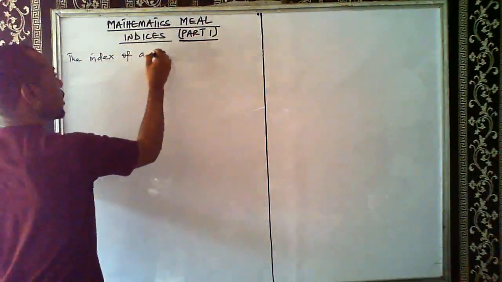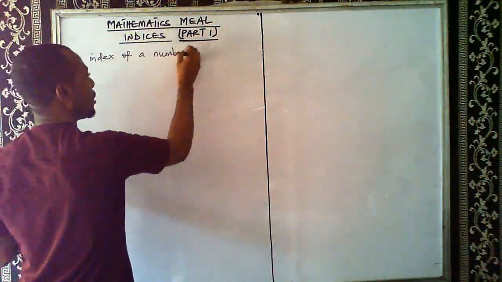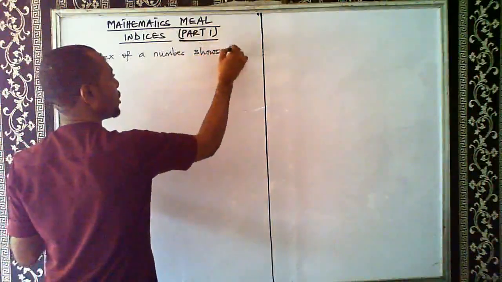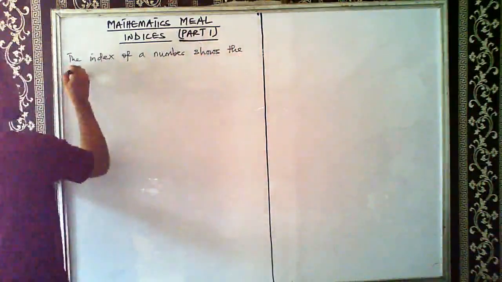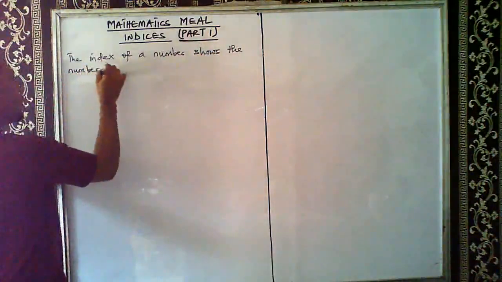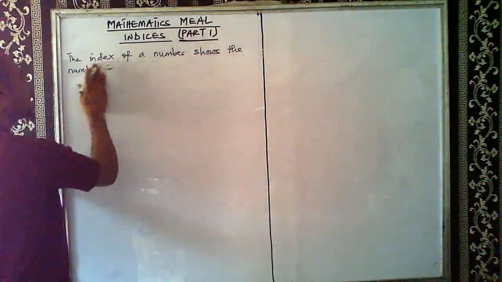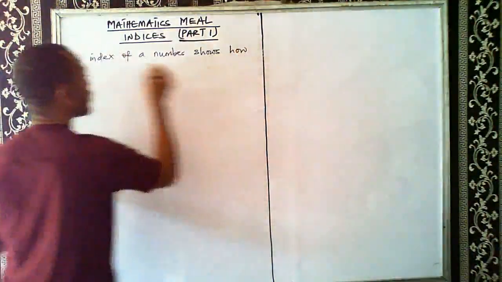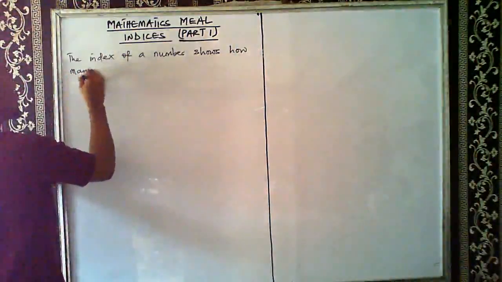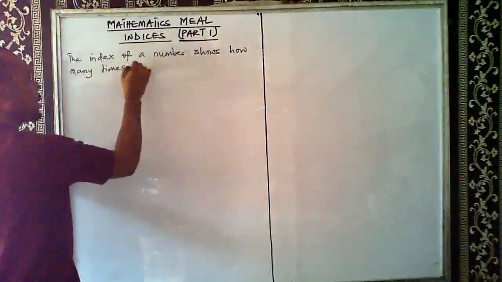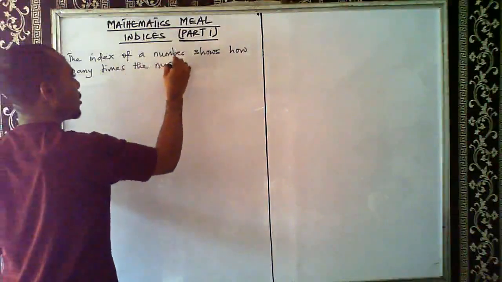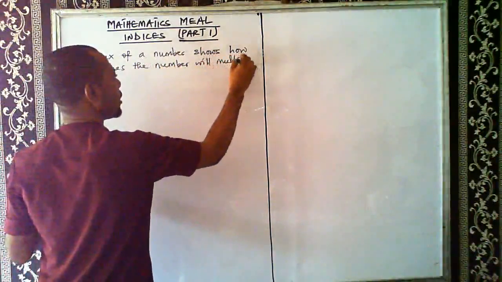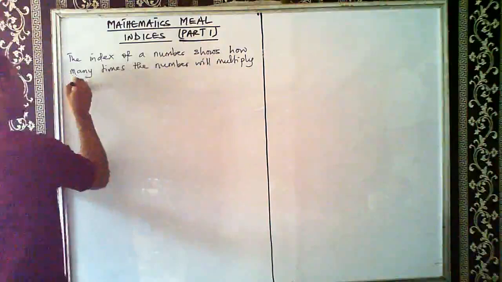The index of a number shows how many times the number will multiply itself.